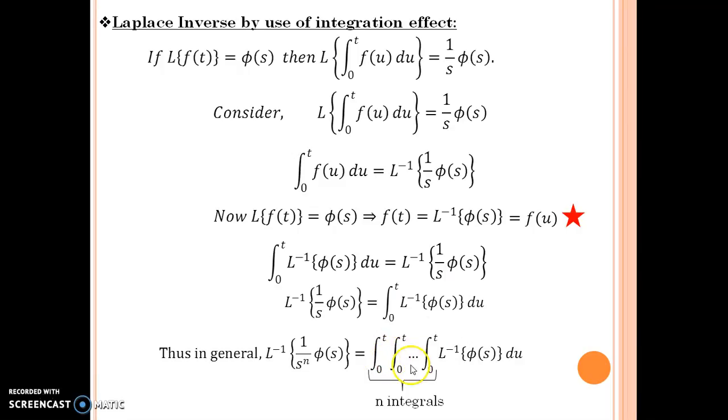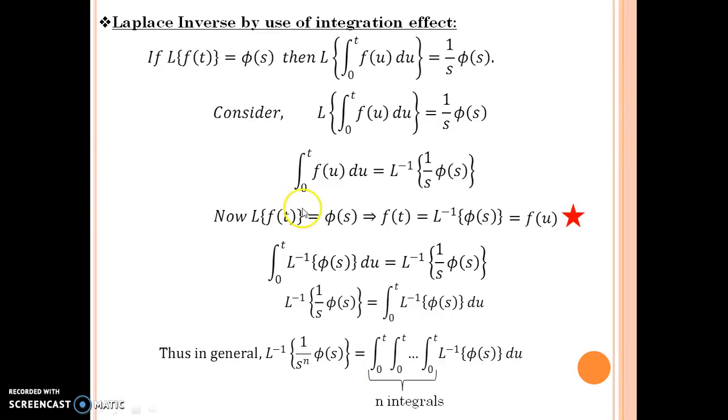Now one very important thing you have to understand is that your function operates in terms of u till the last integral 0 to t that you obtain. Okay, it's very important here.